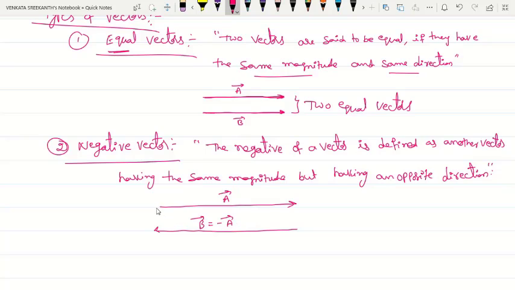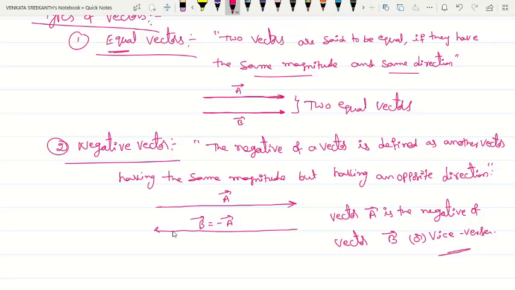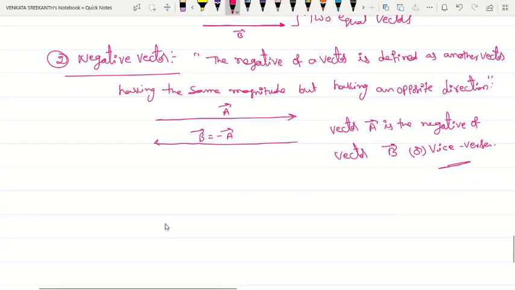Magnitude wise it remains the same, but direction wise both are different. So vector A is the negative of vector B bar, or vice versa. This is about the negative of a vector.